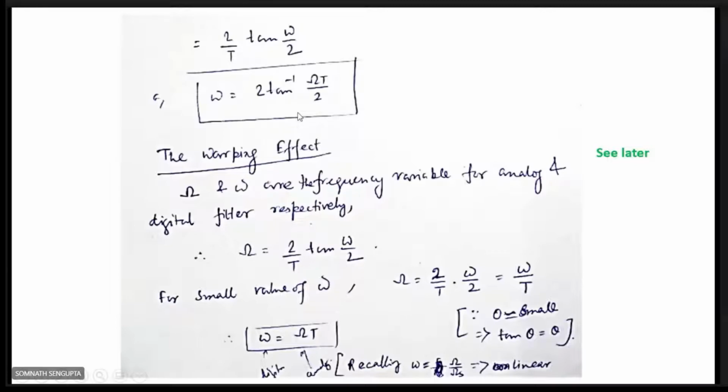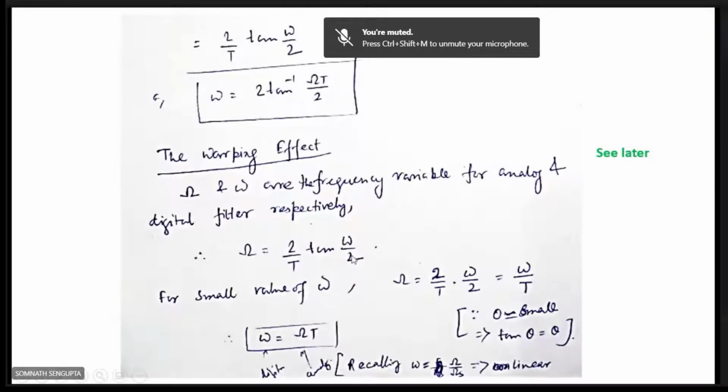that is, analog frequency and digital frequency. So let us see. Capital omega and omega are the frequency variables for the analog and digital filter respectively, and capital omega is 2 by T tan omega by 2.